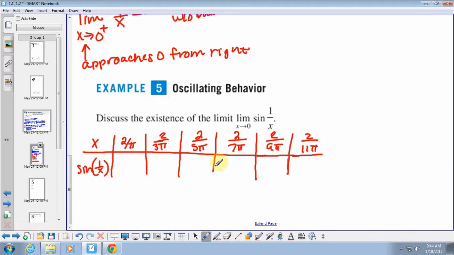With trig, some of these values are coterminal to other values that we know. If we put these values into sine of 1 over x, you're going to get 1, negative 1, 1, negative 1, 1, negative 1.